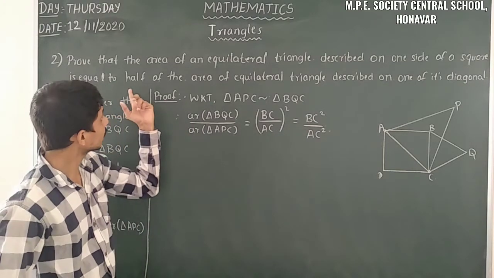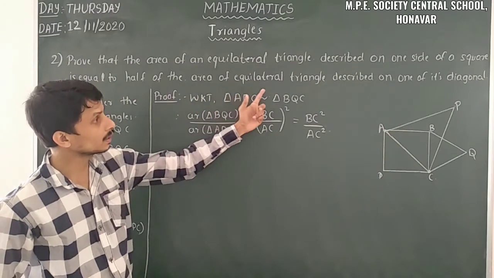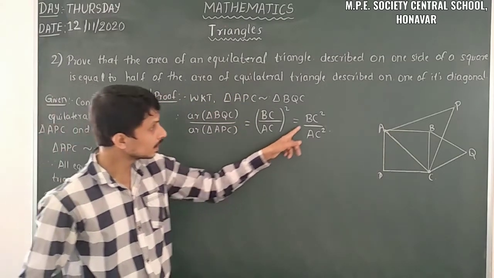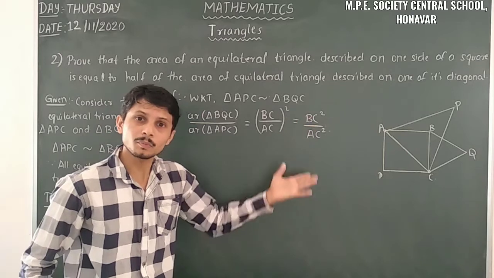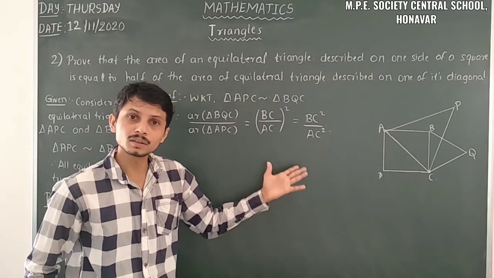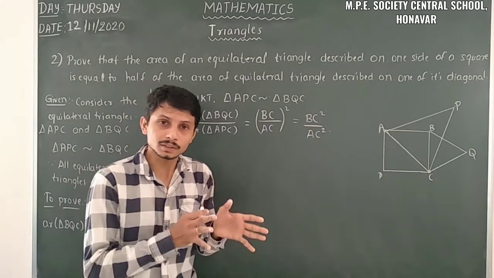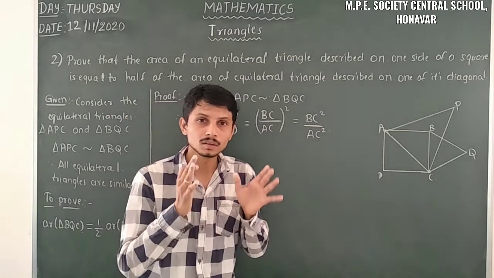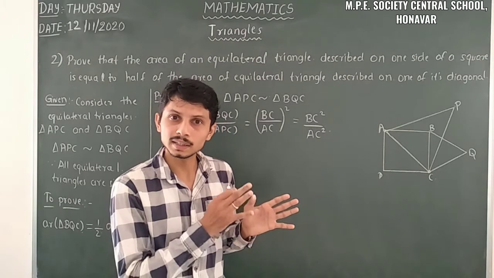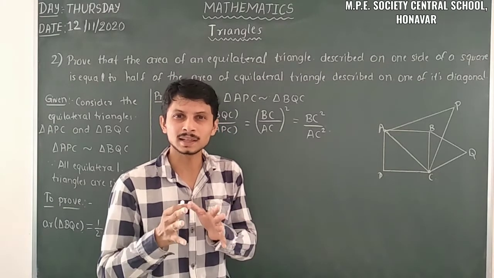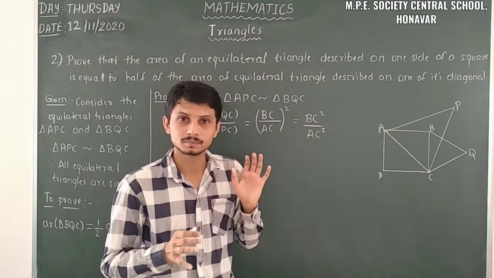But here it is given that it's half of the equilateral triangle. So we have 1 by 2 here. Just observe, this is a hint that there is some relationship between AC and BC.